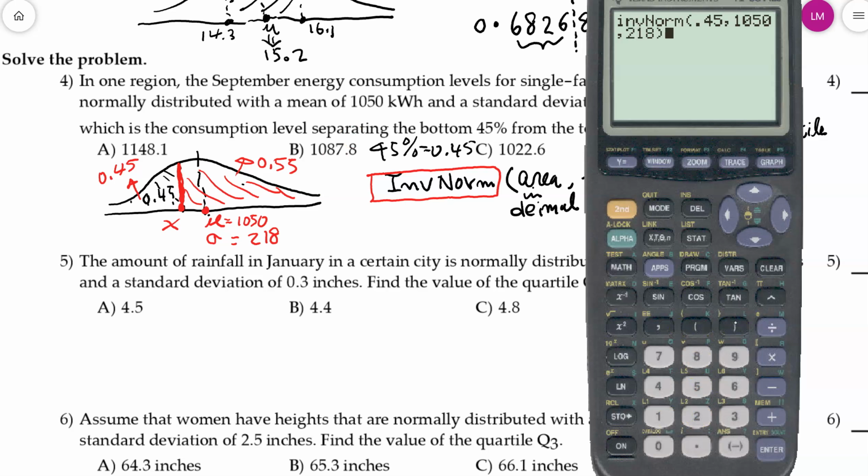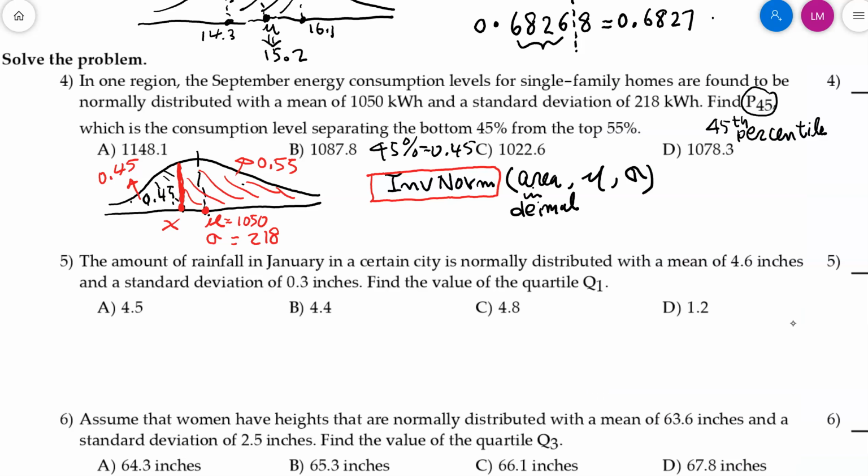If you hit enter, you get 1022.6. Do we have it? Yes, the answer is C. So that means this point is 1022.6. This point is 1050, which is mu.